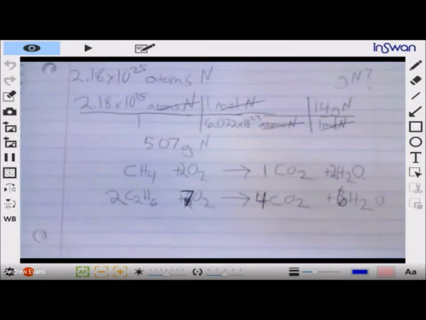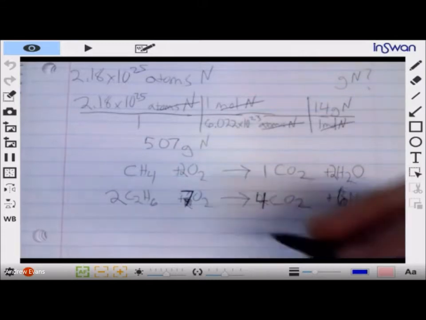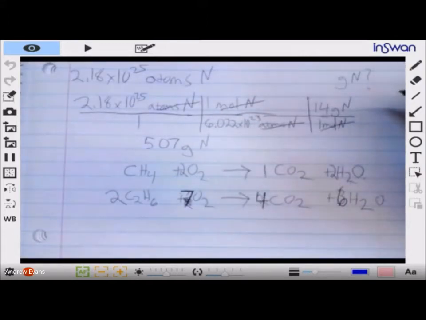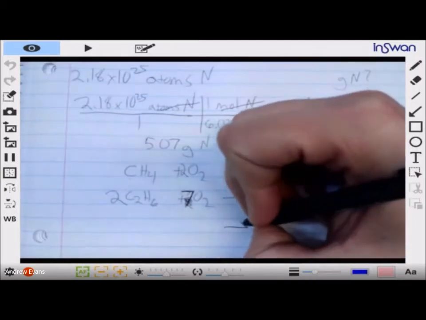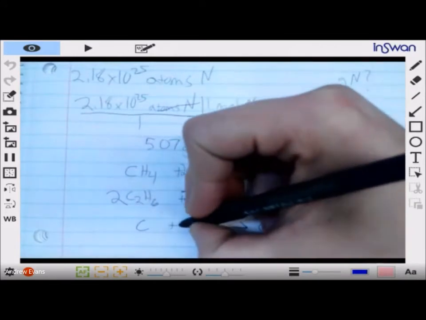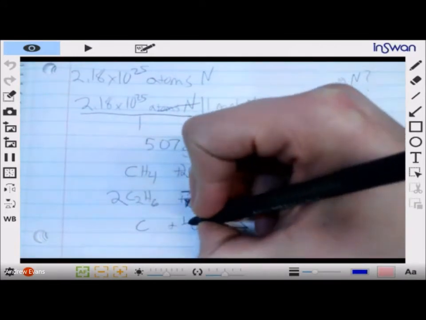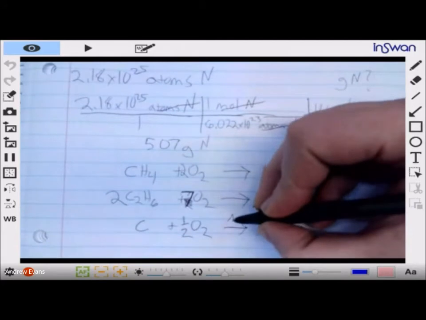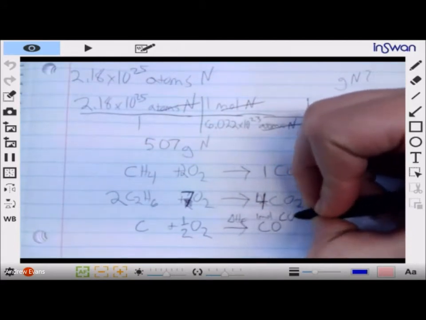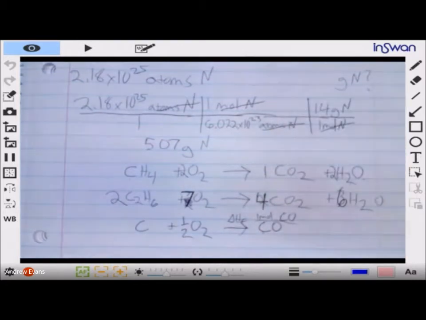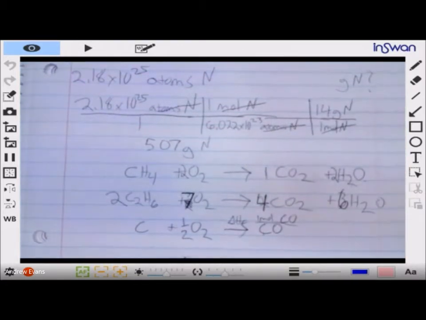The only time a fraction is really allowed is when you're doing the enthalpy of formation. Like if I'm calculating the enthalpy of formation of CO from its base elements, carbon and oxygen, because I'm specifically calculating the formation of 1 mole of CO, we're allowed to use a half.